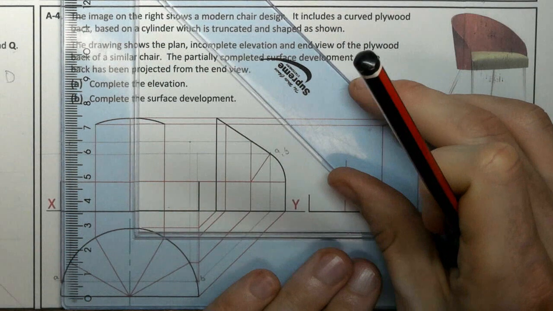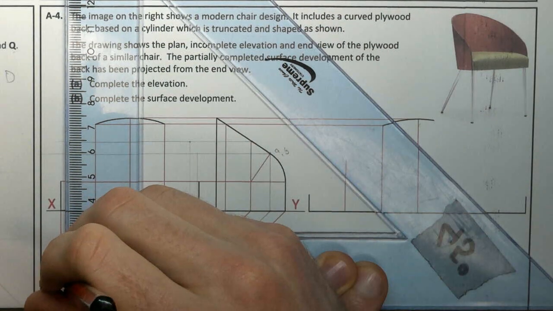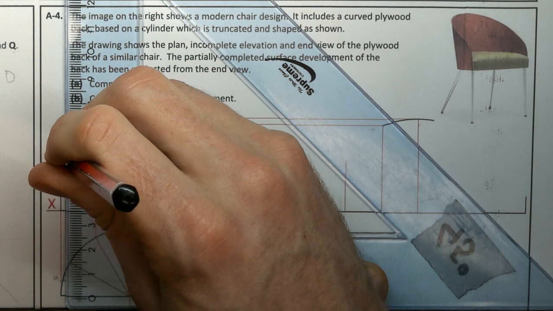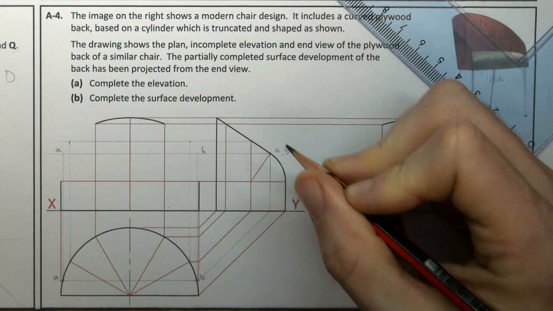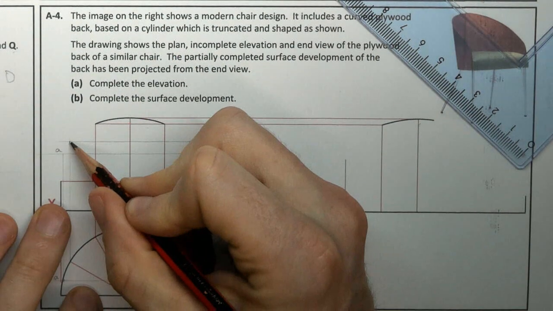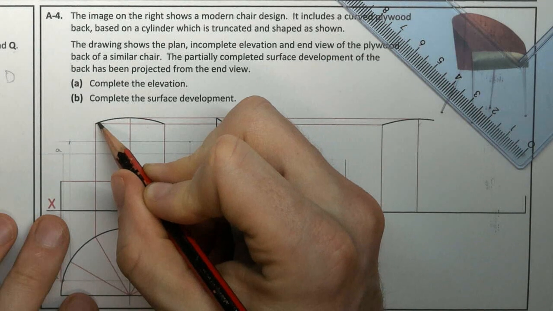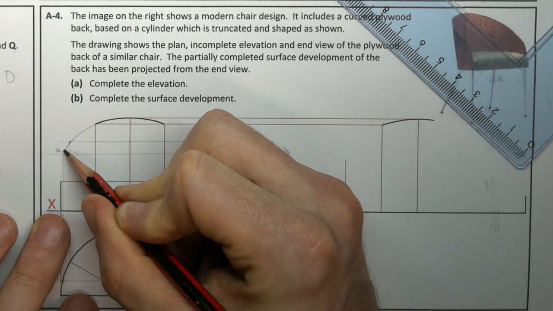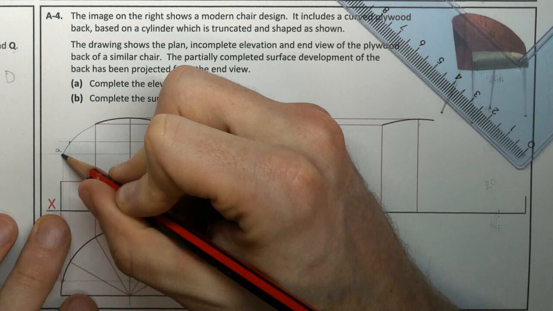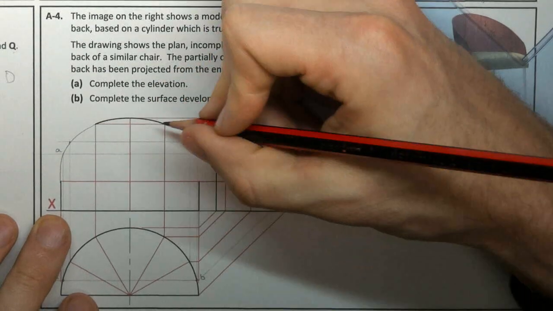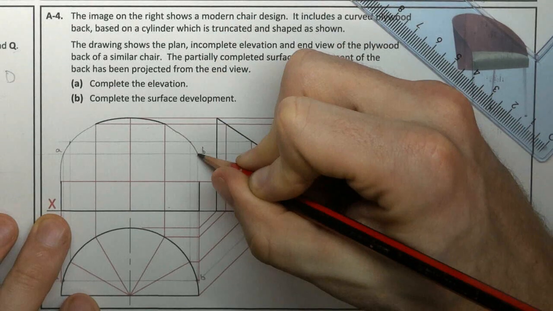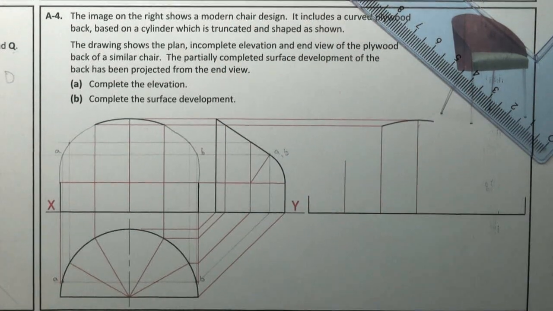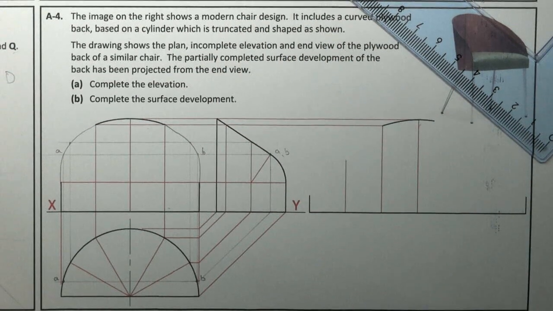So that's B and A. Now we have enough points to complete that curve. So continue the freehand curve down. It's kind of steeper there. Continue that curve down, up there. So that is the elevation complete.